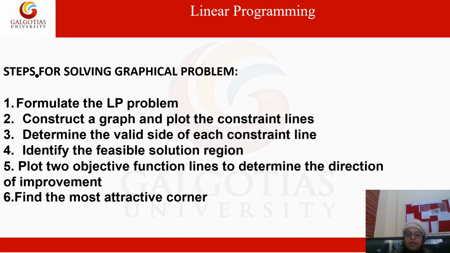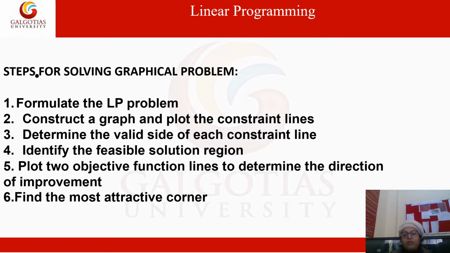The next step is to plot the objective function line to determine the direction of improvement. Improvement is in the direction of greater value when the objective is to maximize the objective function, and in the direction of lesser value when the objective is to minimize it.